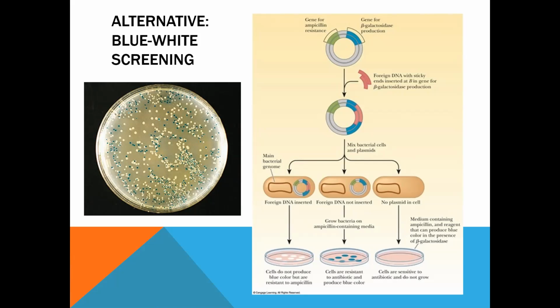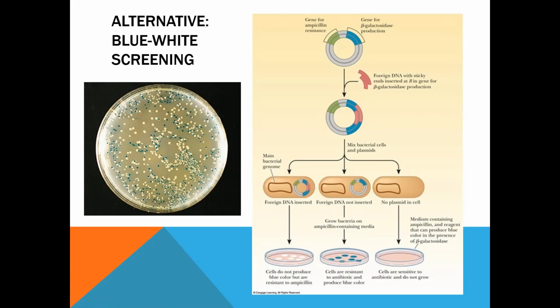So if you have your gene for ampicillin resistance and the gene for beta-galactosidase production, that is lacZ, and you're trying to insert foreign DNA with sticky ends into the middle of that blue gene, it's going to break it. So if it works, you put it in and it has the foreign DNA inserted, you get cells that will grow on the plate because they are resistant to ampicillin, but they don't produce any color because that blue gene is broken. It won't be able to cleave the sugar because lacZ is broken.